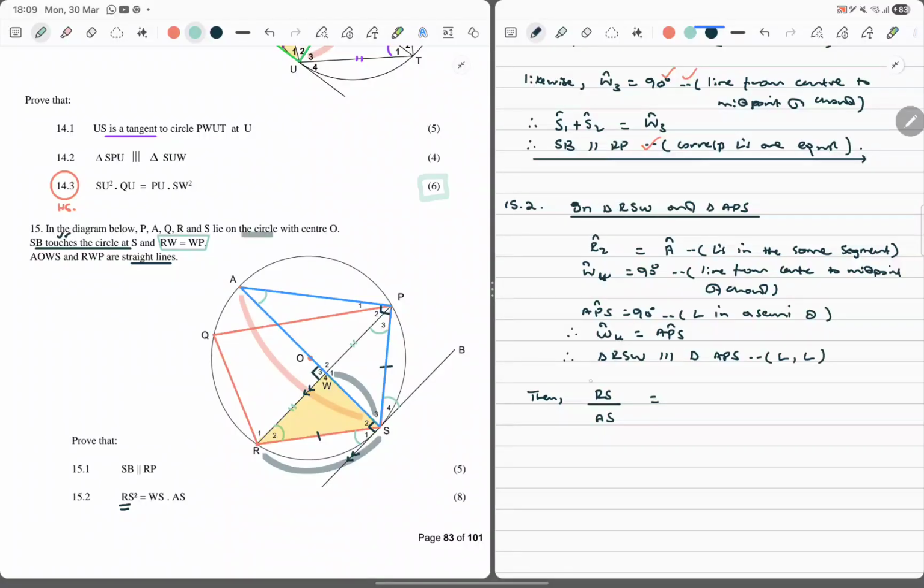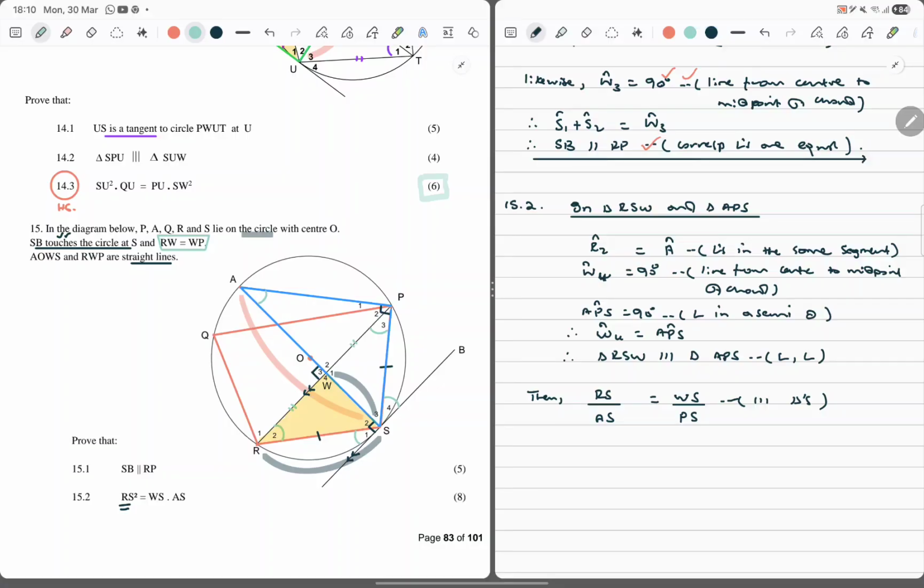As I said, the sides that make up the ratio are the sides opposite the two equal angles in the two triangles that are similar. Now we go on and say WS is opposite R2. R2 equals A. A is opposite PS, or SP. You can just say similar triangles, or proportional sides of similar triangles.